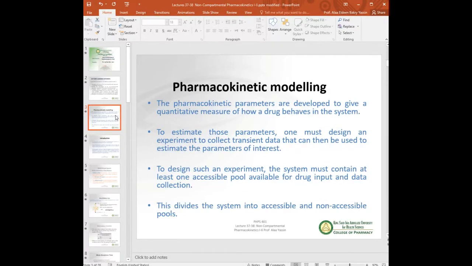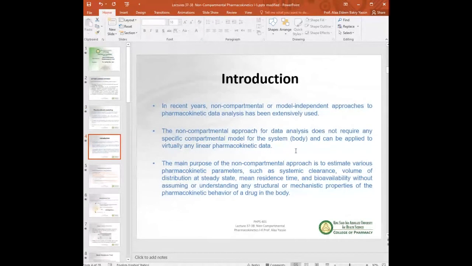Instead of fitting the observed data into multiple regression equations, we can rely on a statistical model, which is the statistical moment theory. The moment theory is the main principle. The non-compartmental approach depends on it.